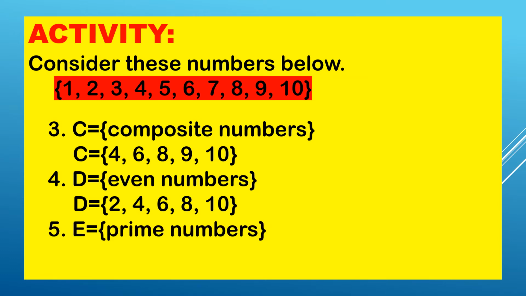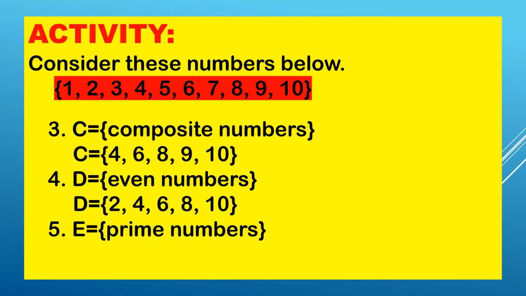And last, we have prime numbers. So, what are prime numbers? These are numbers whose only factors are 1 and itself. So, kabaliktaran nito ng composite numbers na may iba pang factors besides 1 and itself.